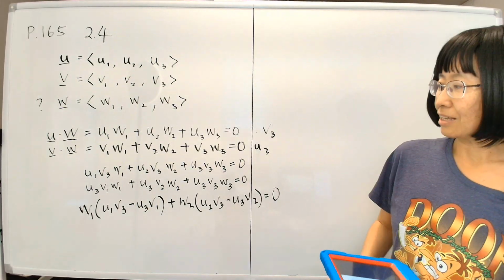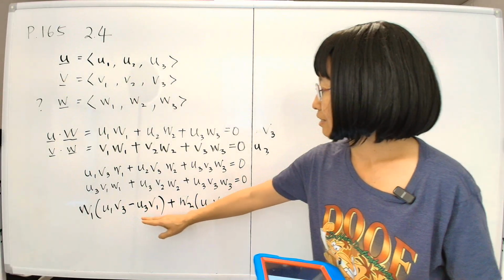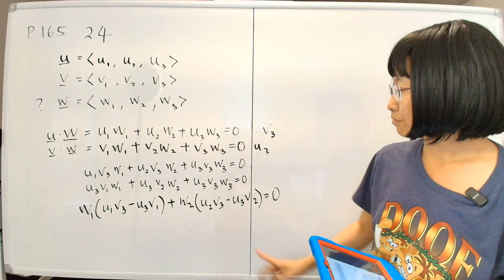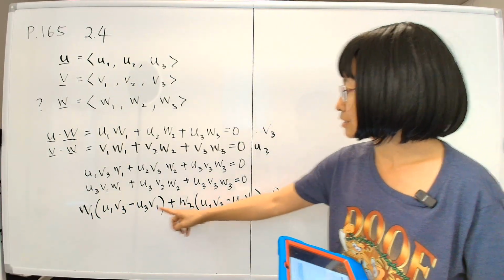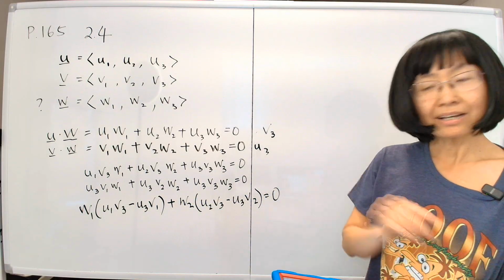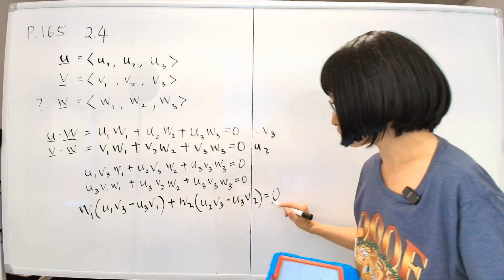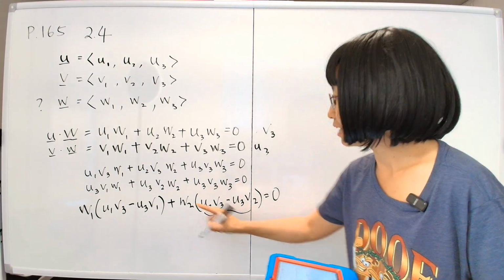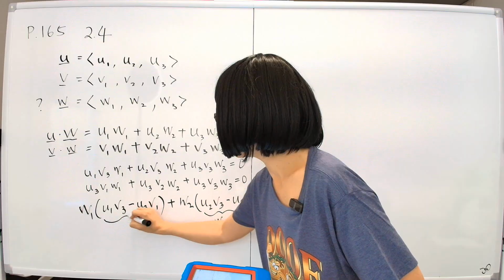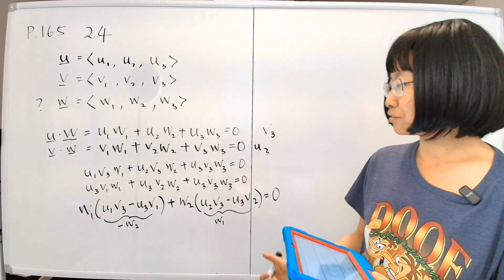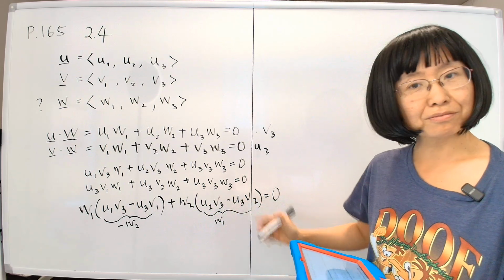All right. Now at this point, you notice that there's w1 and w2. If we let w1 equal to this part, and this thing, we'll let it equal to negative w2, then this equation will stand.